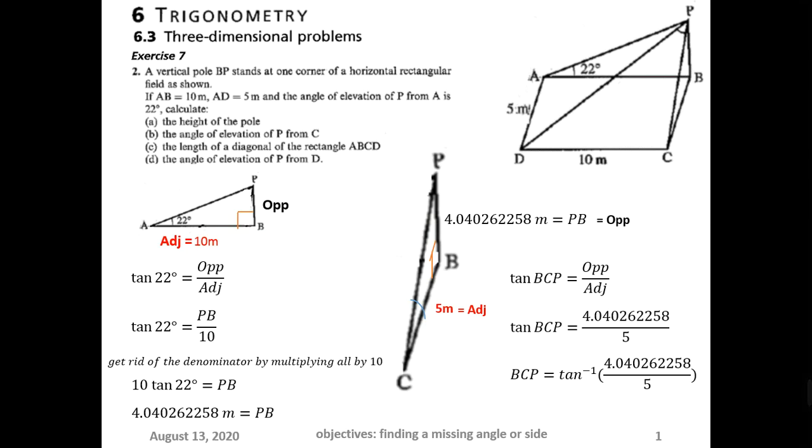So you use the calculator to calculate the tan inverse, and BCP is going to be equal to 38.94002938 degrees.